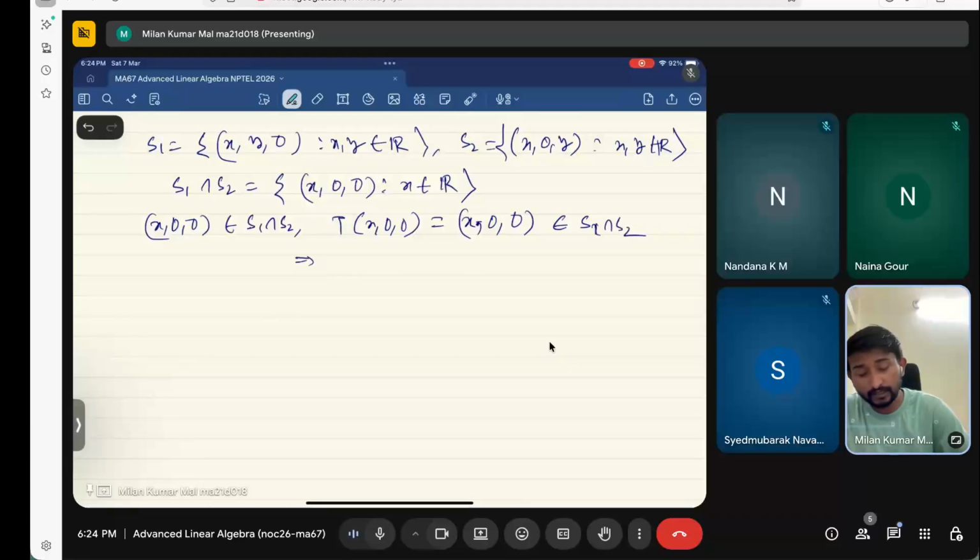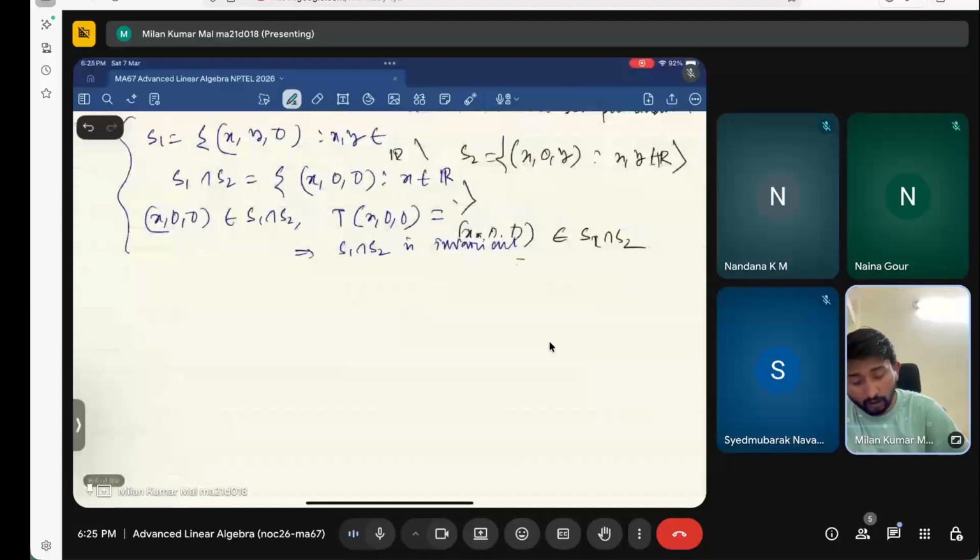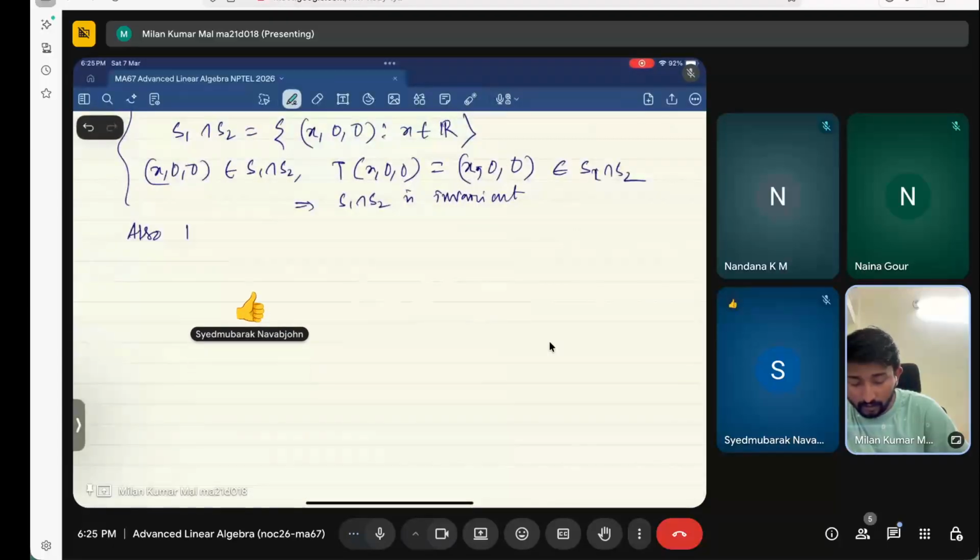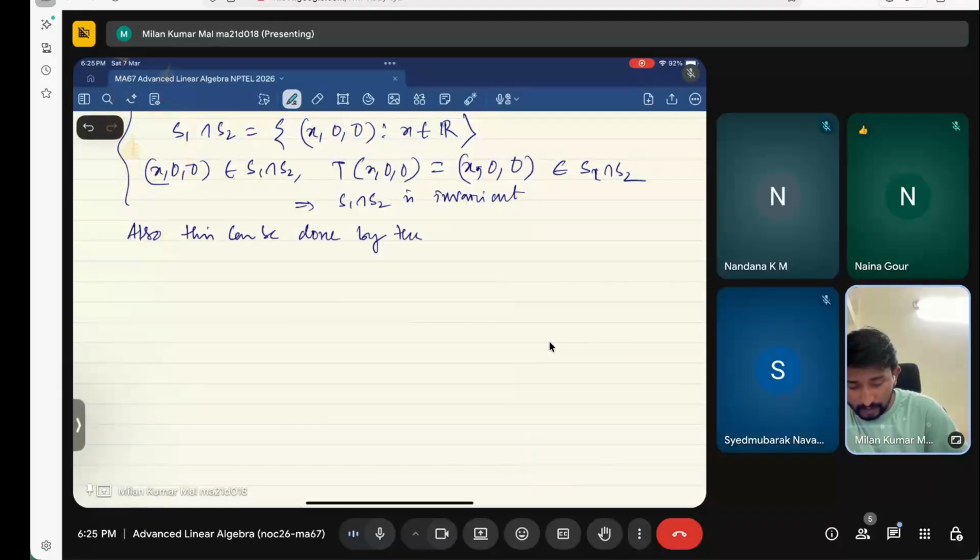So S1 intersection S2 is invariant. One can also do this without all this work, just by knowing that S1 and S2 are invariant.